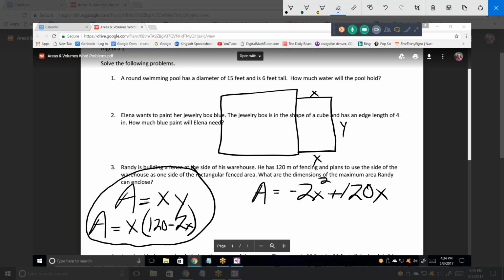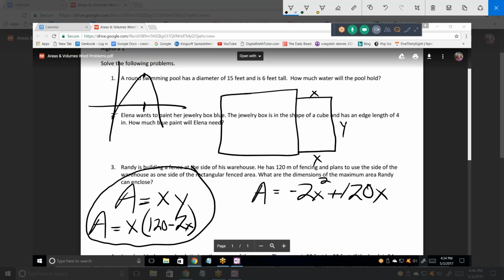Because that'll give us the x coordinate. You can put that into a graphing calculator also, but we don't need to. What we're looking for is that spot where the function is at its maximum value.